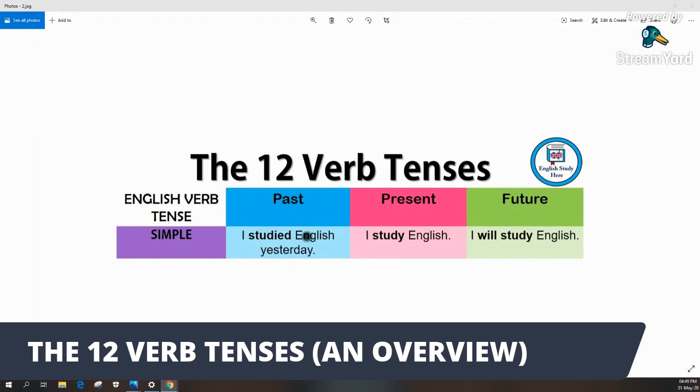So the action or actions are not happening now. It can also be used with or without adverbs of time. Again, to use simple past tense, this is to indicate a past habit or an action already completed.